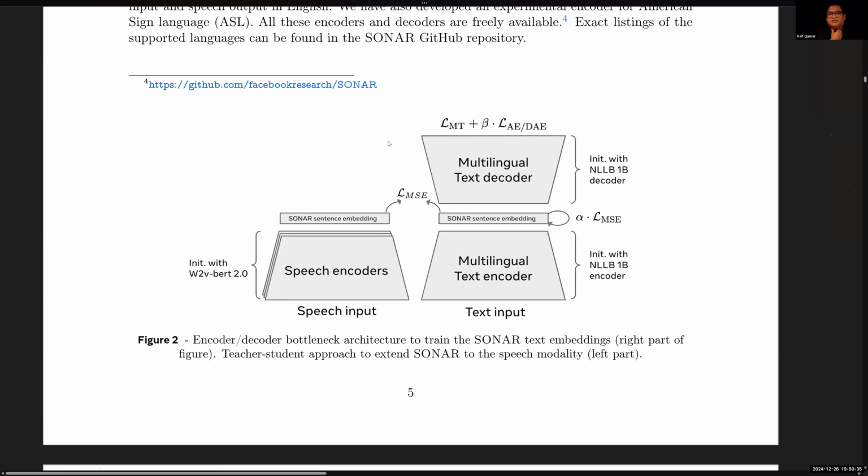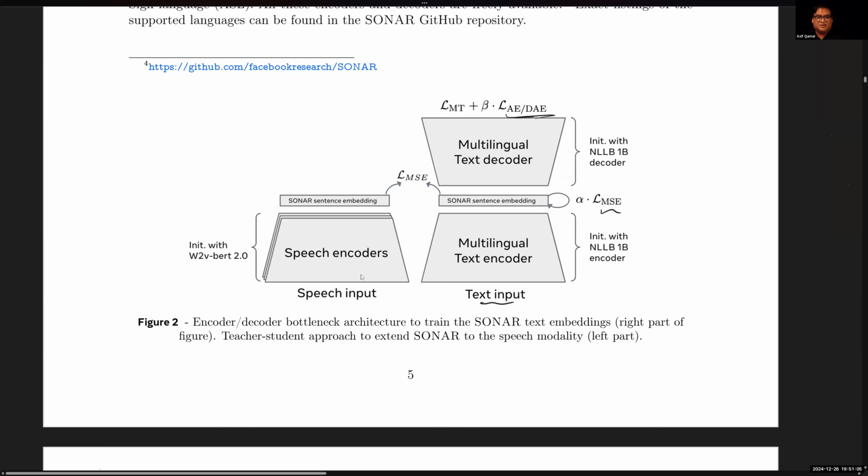If you go back and read the Sonar paper on text embedding, the main idea was that, given a text, you would feed it through an embedding, use an autoencoder with a mean squared error kind of loss, and then decode it. You would do it for text and then use a teacher-student method, a form of distillation, to train the speech encoders, and other modality encoders as well.